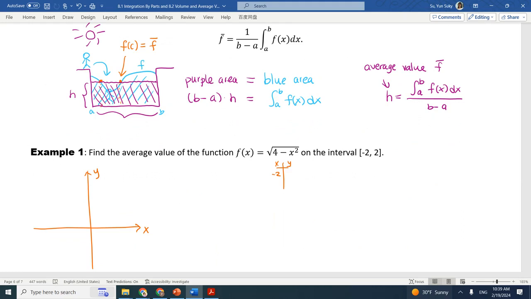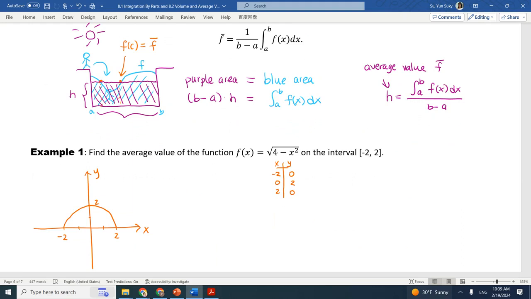Your y is 0. If you plug in x is 0, what happens? 2. If you plug in x as 2, what happened? 0. You see, everybody? We get a graph like this.